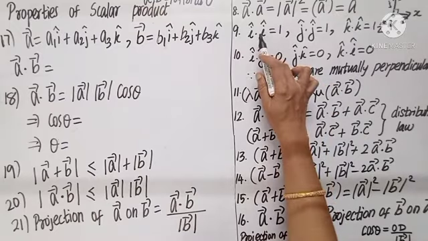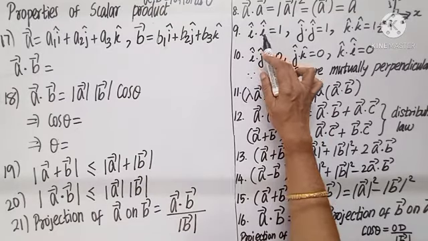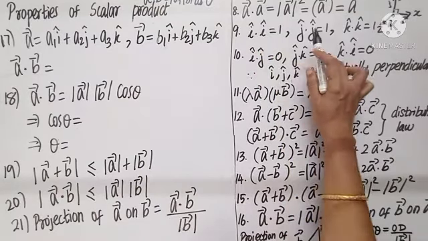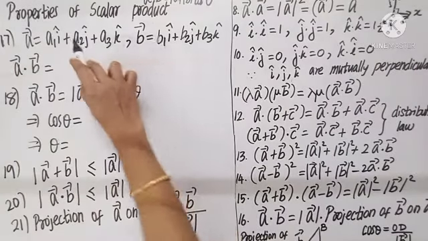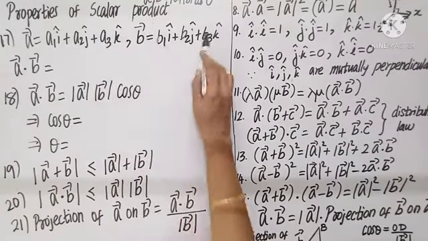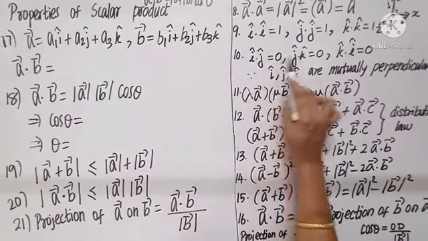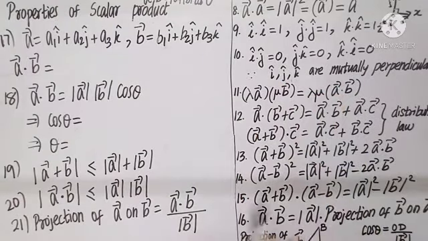Only which exist? i dot i is 1, j dot j is 1, k dot k is 1. So when I say dot product, I need to multiply i and i, j and j, k and k. The remaining products become 0 for this reason.